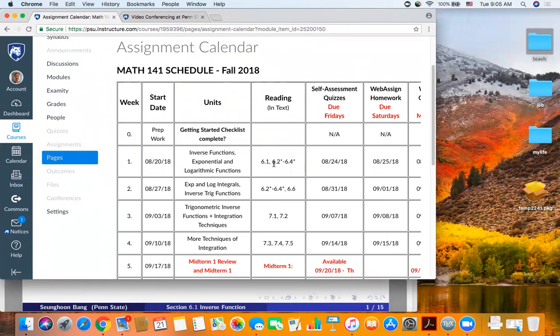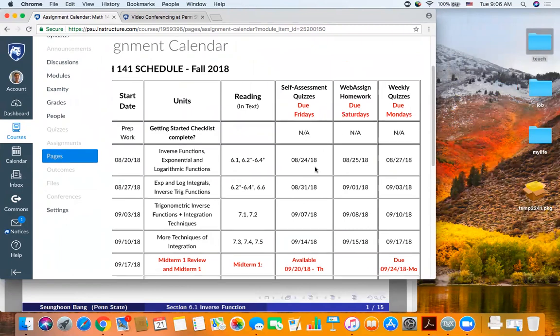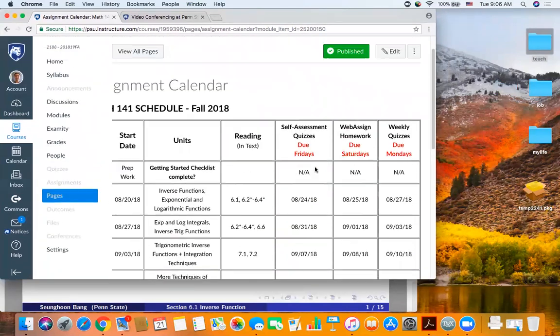We have 3 kinds of things: the self-assessment quiz, the WebAssign homework, and the weekly quiz. We have the exact due days of the self-assessment quiz, WebAssign homework, and weekly quiz. Like this, you can find it.